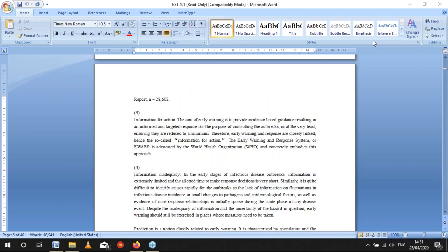Let me explain this. The information that must be given out must be action-based, must have evidence. If people are carrying out information on coronavirus, there must be evidence.